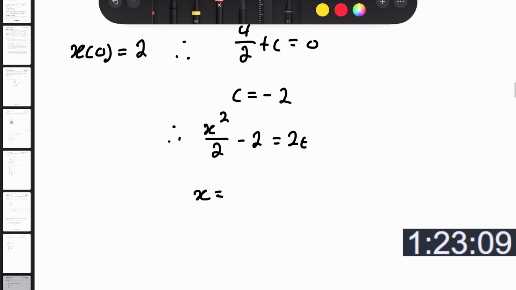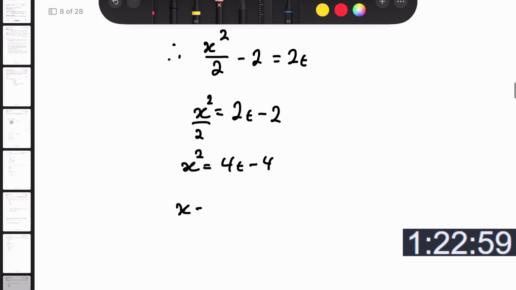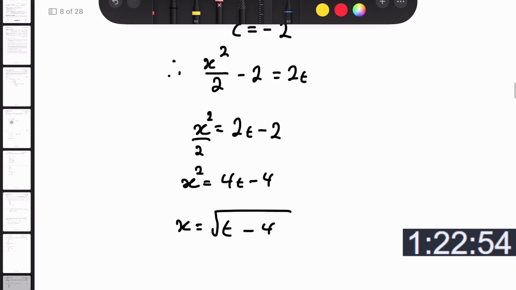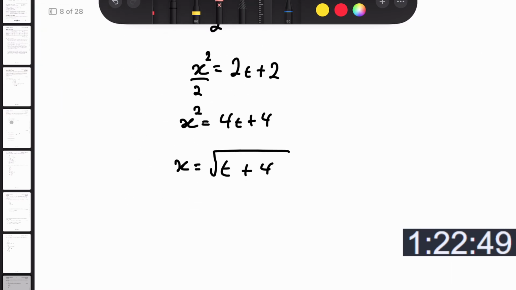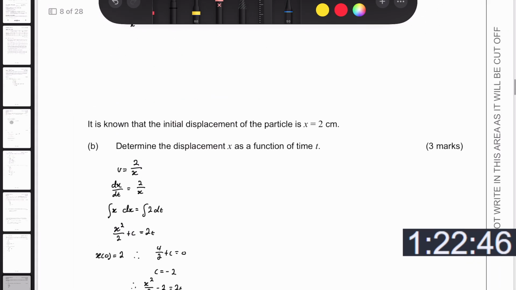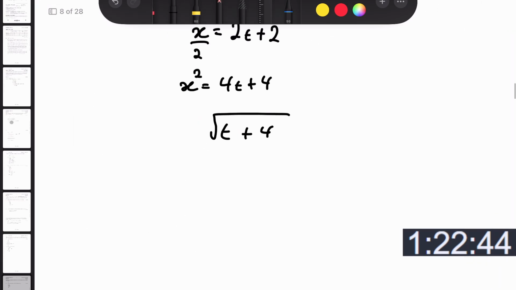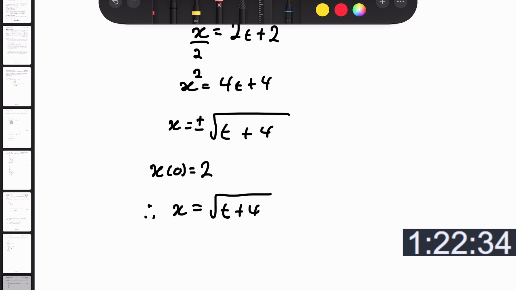So then x squared is equal to 4t plus 4. Square root of t plus 4. x of 0 is equal to 2, therefore x is equal to square root of 4t plus 4.